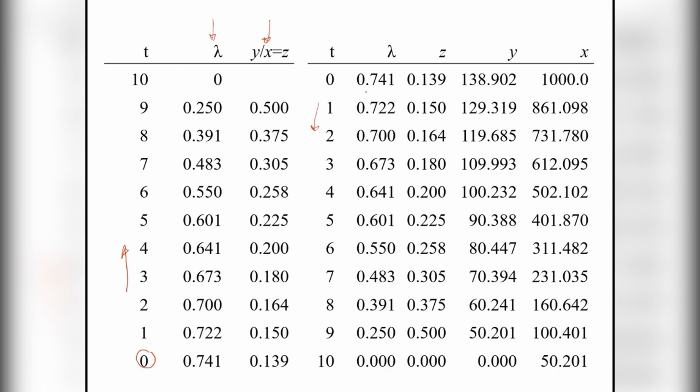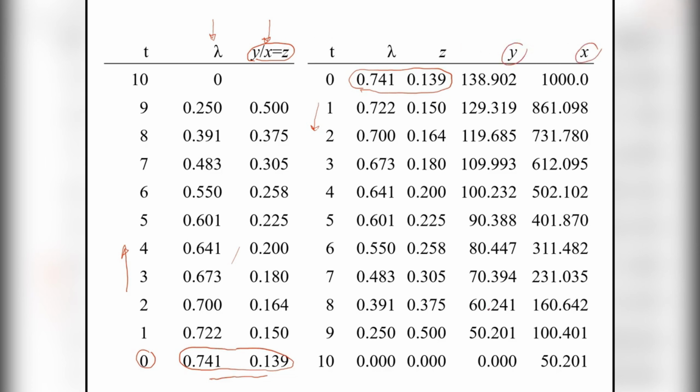So in other words, these values here are simply given by these values here, and so on as we move up in these columns. And from that we can use the result that y over x is z, and from that we can decompose z into y and an x.